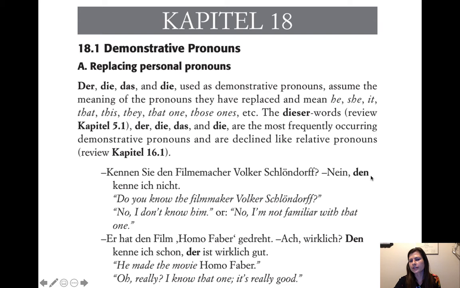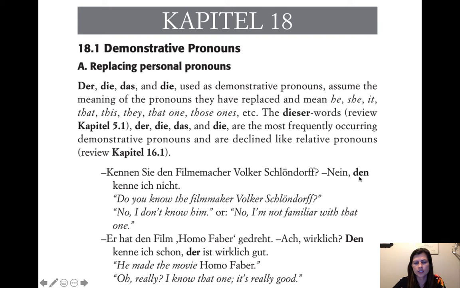But a lot of times people will do this as an alternate form to really emphasize it. Like, oh, I don't know him, or I'm not familiar with that guy. So it sounds a little stronger than ich kenne ihn nicht, I don't know him. And then ich kenne den nicht, or in this word order, which is similar, den kenne ich nicht. It's just like, that guy. No, I don't know that guy, right?